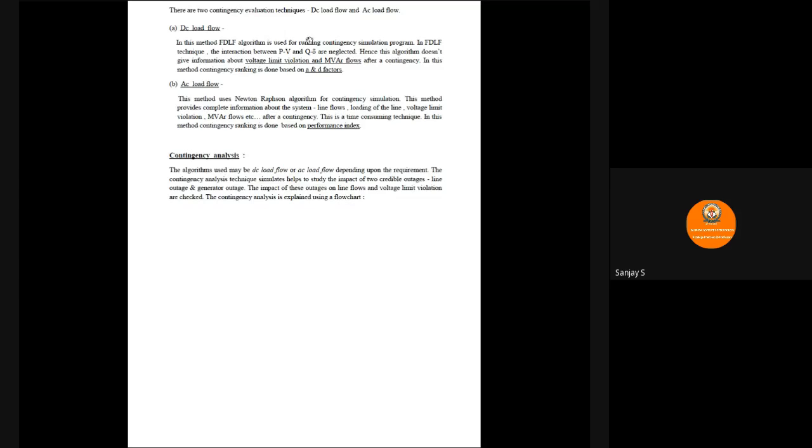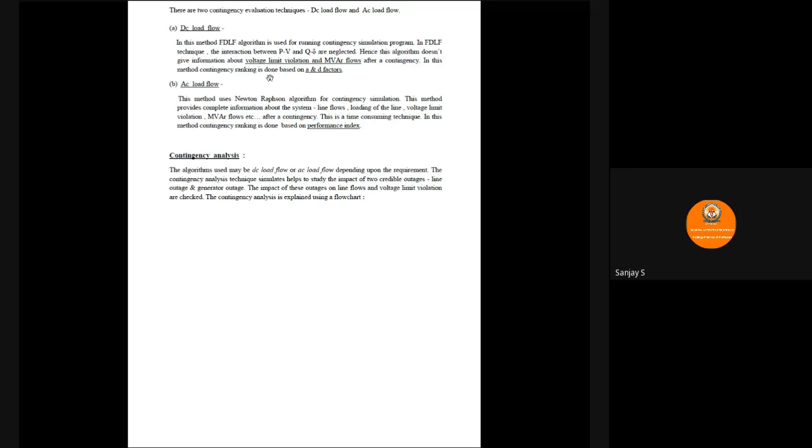And in FDLF technique, interaction between P-V and Q-delta are neglected, as you very well know. And then this algorithm does not give information about voltage limit violation and volt ampere reactive flows after a contingency. That is the disadvantage of DC load flow in FDLF method.